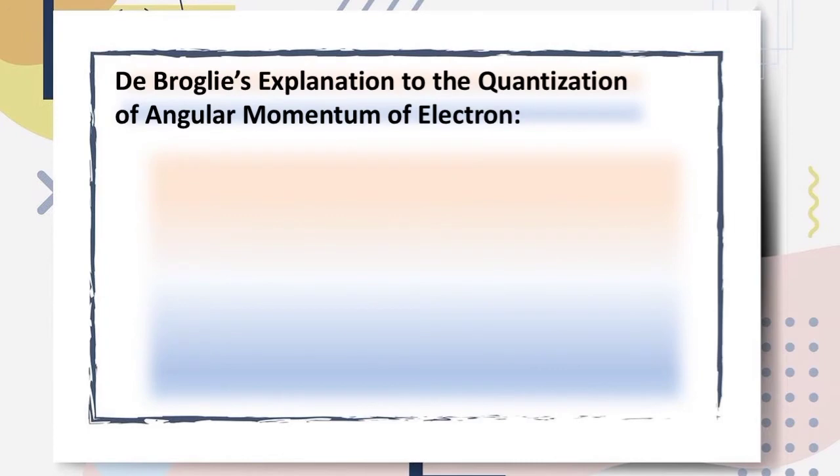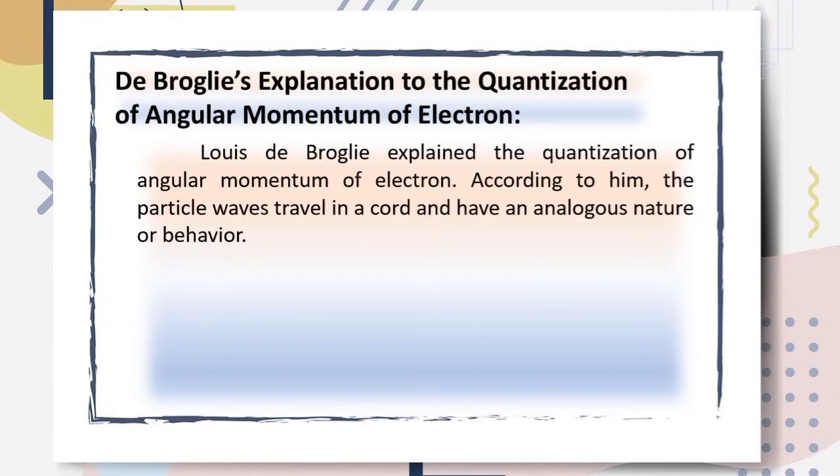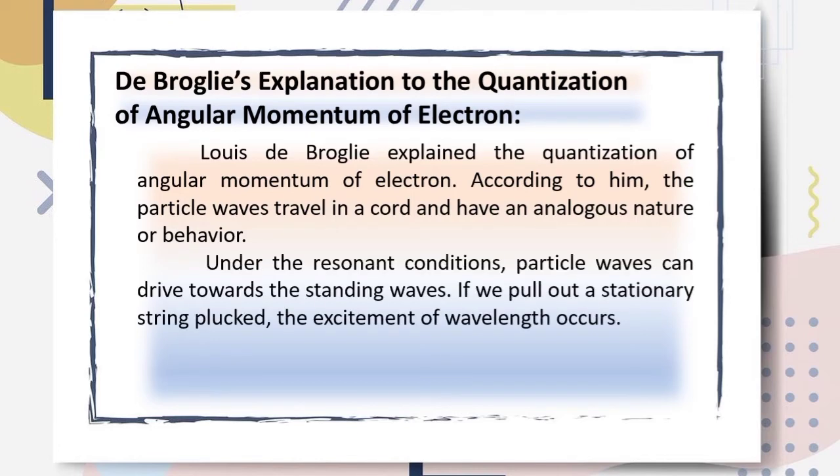This is a summary of the illustration that I showed you earlier. Louis de Broglie explained the quantization of angular momentum of the electron. According to him, the particle waves travel in a chord and have an analogous nature or behavior.